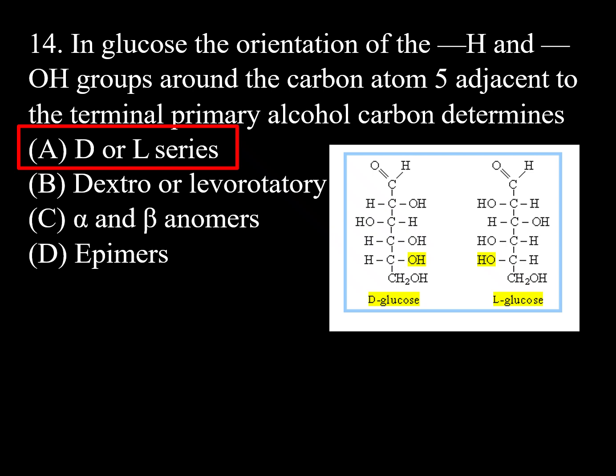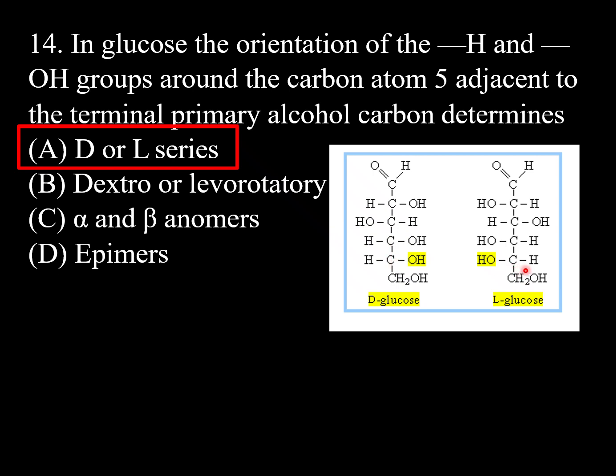If you see here in this diagram, there is D glucose and L glucose. The rest of the structural formula is the same and the chemical formula is also the same, C6H12O6. This is the terminal alcohol carbon, and this is 1, 2, 3, 4, and this is 5.